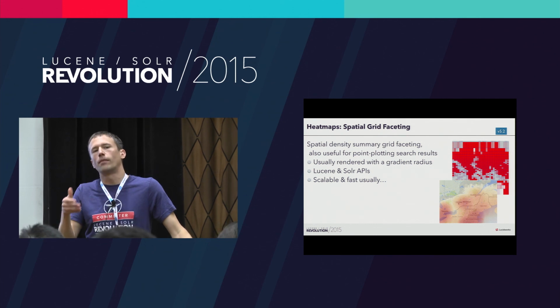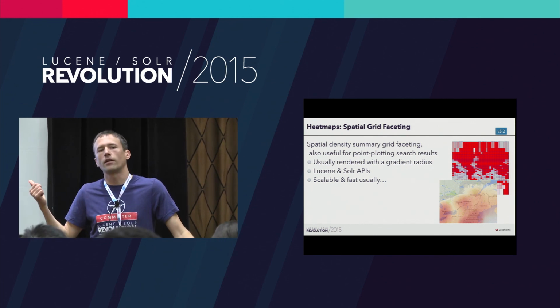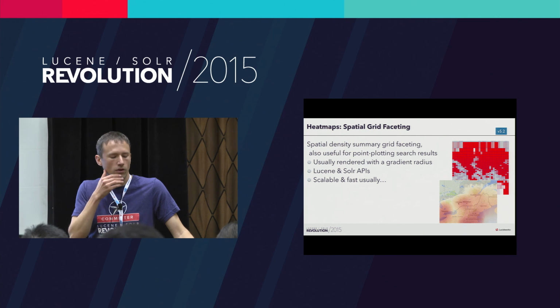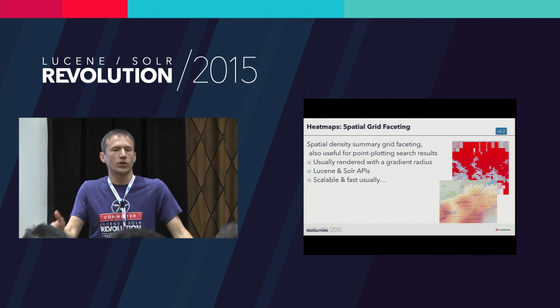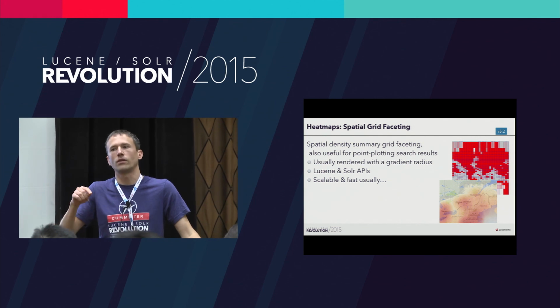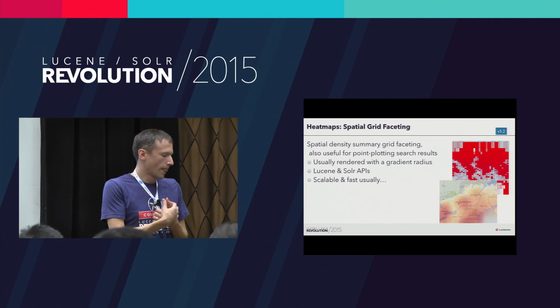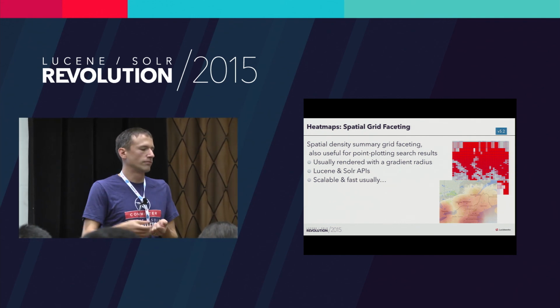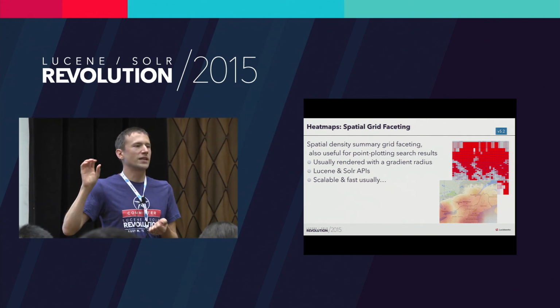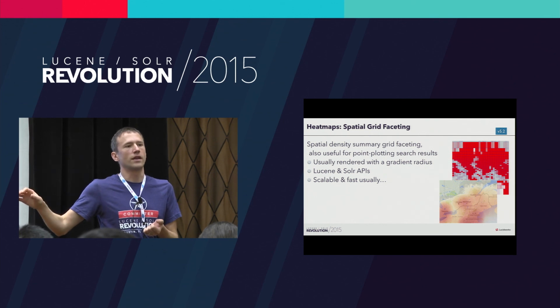Related to that mindset is something I don't think I mentioned: in one request to Solr, just like you can facet on multiple fields, you can even facet in Solr on the same field multiple ways. So you could do heat map faceting on the same grid data, but by specifying different filter queries, and then you're trying to get a difference.